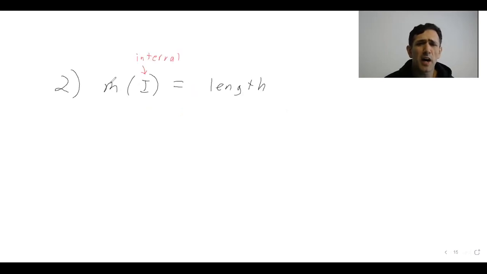So I'm justified in using m, not necessarily outer measure. Well, the two are the same when we're dealing with a measurable set, but I is measurable. We've proven that. Well, this is just the length of the interval I, the unambiguously defined length of I.